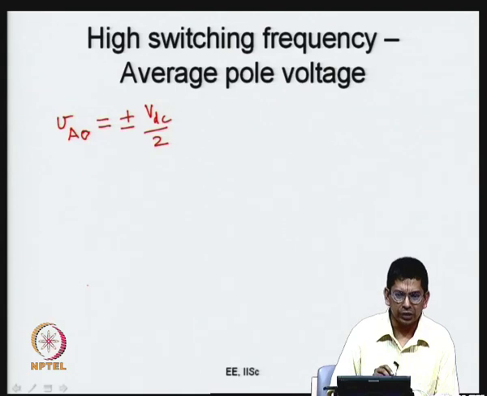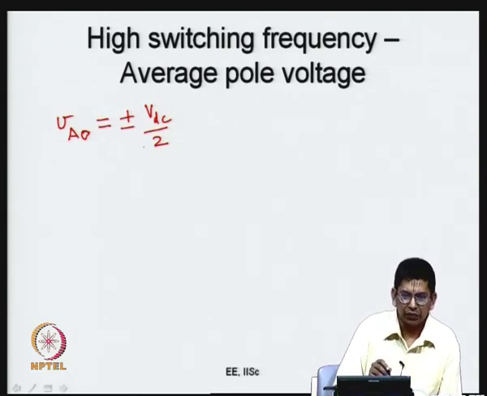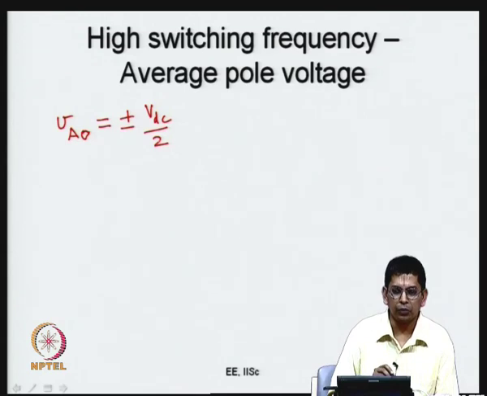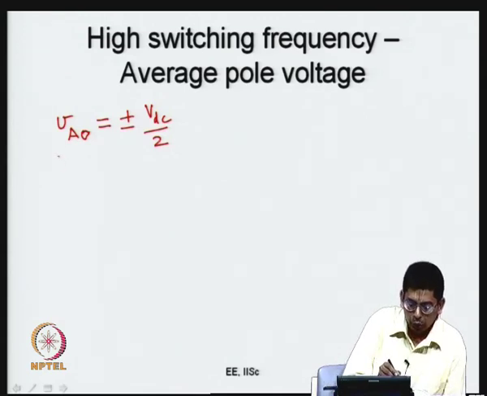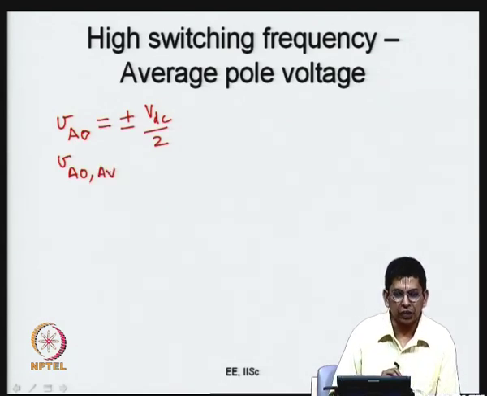So, in a small interval of time which is equal to the half carrier cycle, you sometimes apply plus VDC by 2 and you apply minus VDC by 2 for the remaining duration. So, you have a certain average voltage, I put it as VAO, this is the average value. Average value of what? Average value of VAO over what interval?